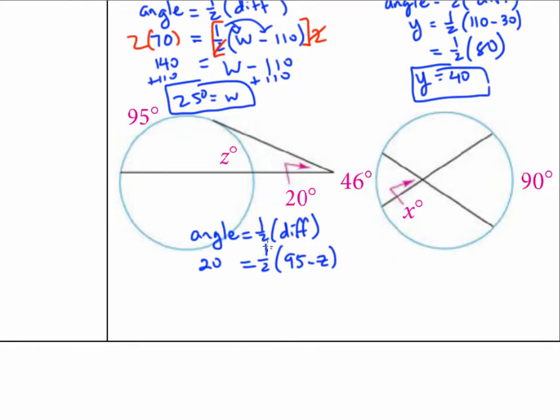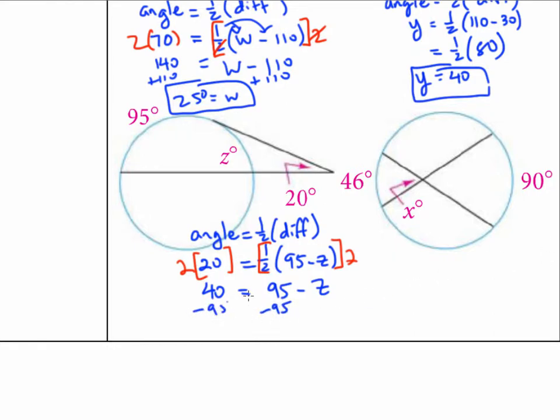So rather than doing that, let's clear out the 1/2 by multiplying by 2 on both sides. So 40 equals 95 minus z.